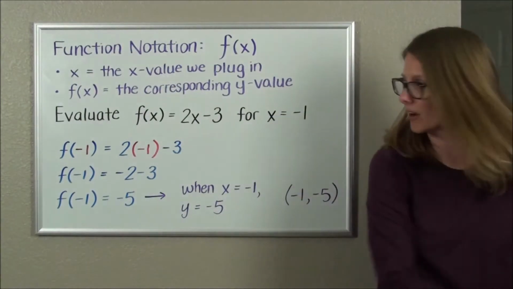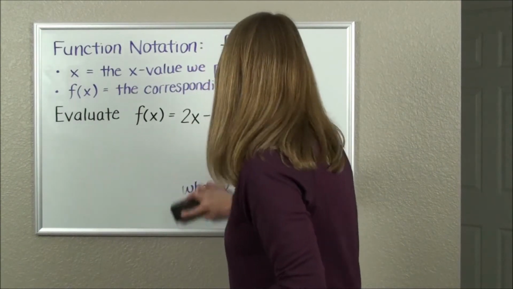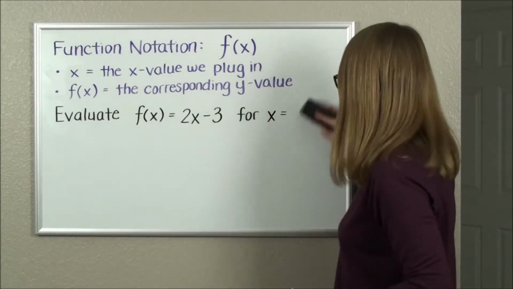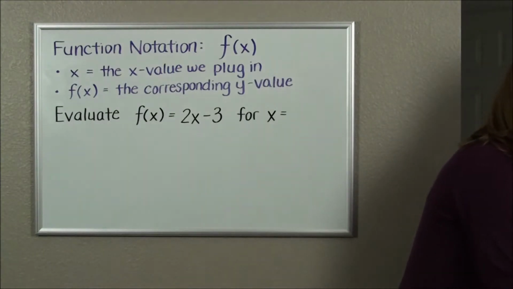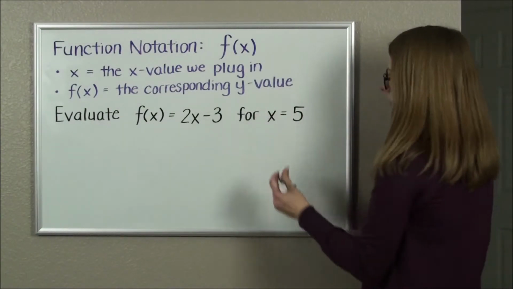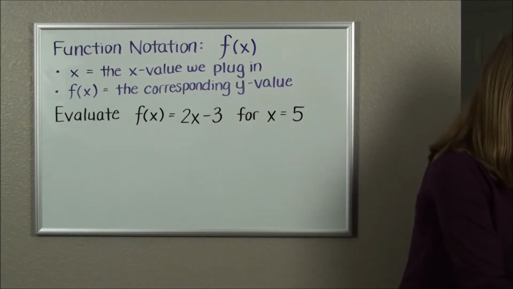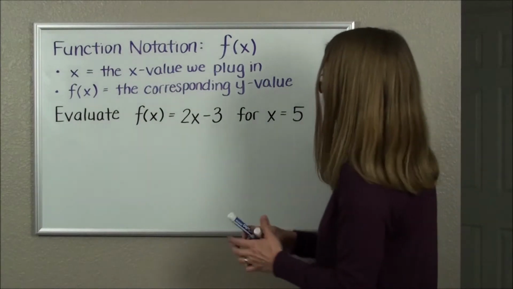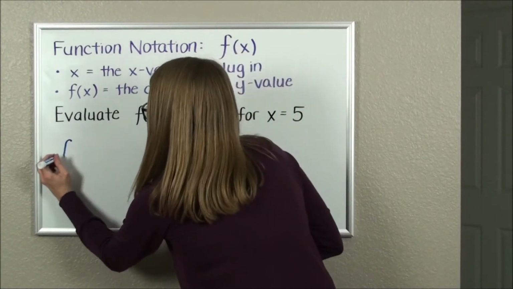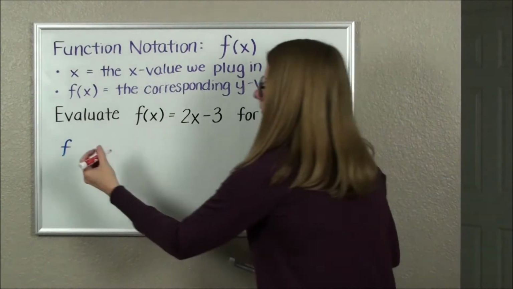Let's try another example. Let's keep that same function, but this time let's change the x value and see what we get. So instead of x being -1, let's look at x being +5. And again, if they're asking me to evaluate, they are asking me to plug and chug. So I will look at f of, instead of using the letter x, I'm going to use the number 5.